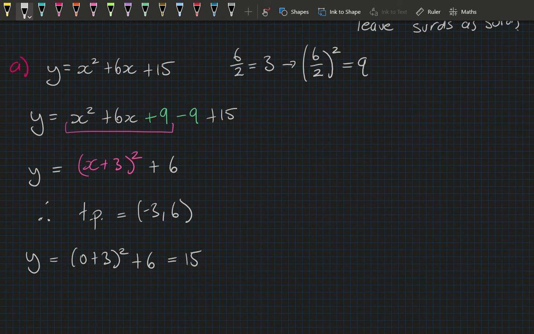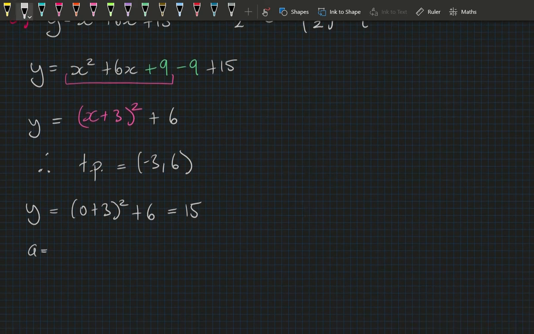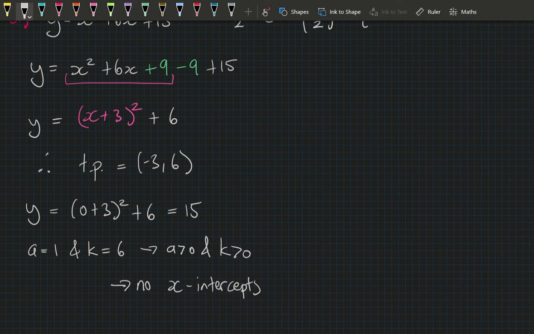And in the turning point form, this quadratic has an a equal to 1 and a k equal to 6. Now we could do a lot of algebra to find that we need to take the square root of a negative number, or we could just remember what I said before, because we've got an a greater than 0 and a k greater than 0, which means there's no x-intercepts.